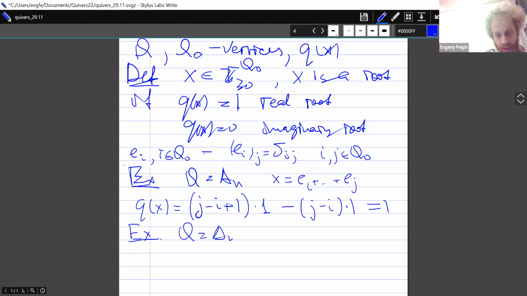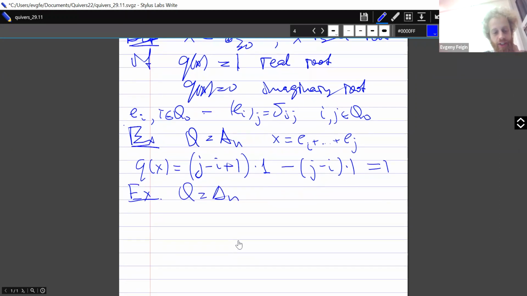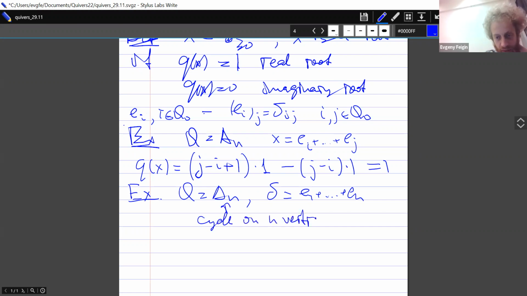And maybe one more example is Q being delta_n. So this is the cycle on n vertices, and for such a cycle we can take delta to be just e_1 plus so on plus e_n. So just a vector having 1 at each vertex. Then what is q of delta?